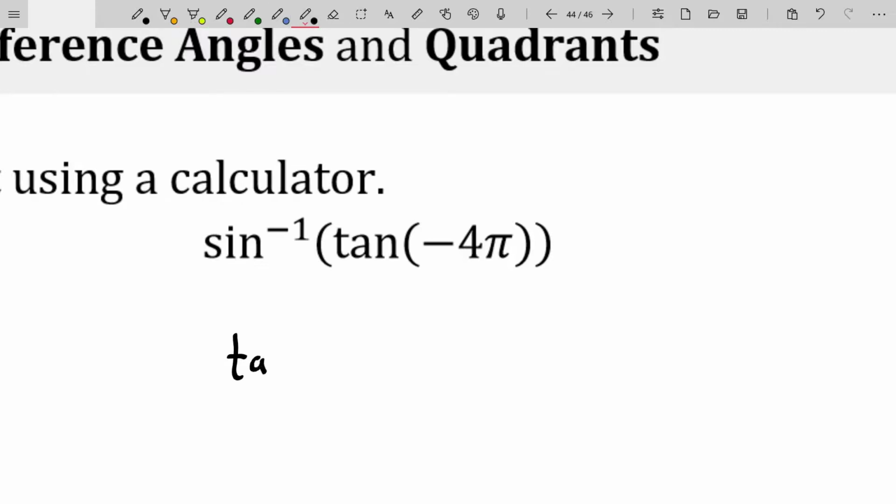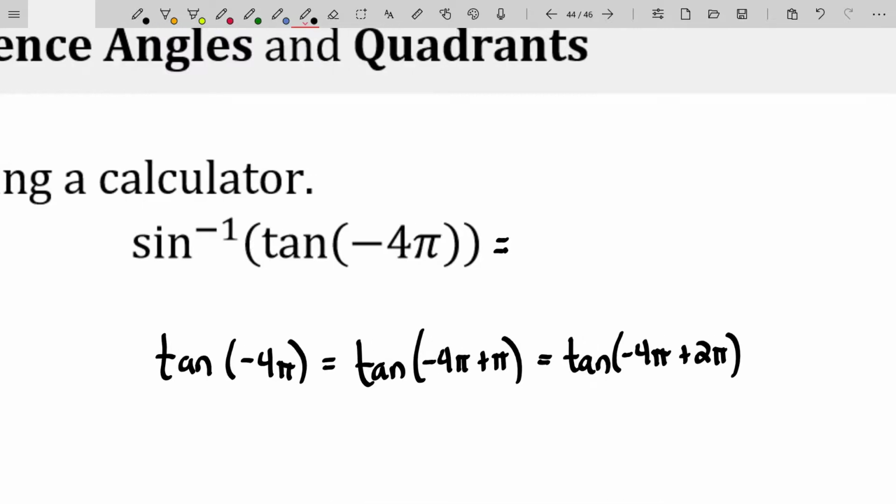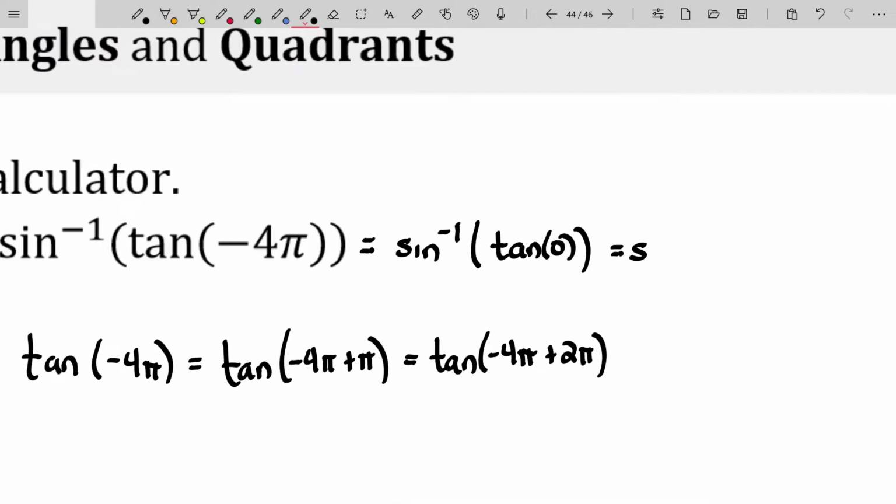Again, what I'm saying is the following. Tangent of negative 4 pi is the same thing as tangent of negative 4 pi plus pi, which is the same thing as the tangent of negative 4 pi plus 2 pi, and so on and so forth. So this tangent of negative 4 pi is the same thing as tangent of negative 4 pi plus 4 pi, or in other words, tangent of 0. But we know the tangent of 0 is 0.